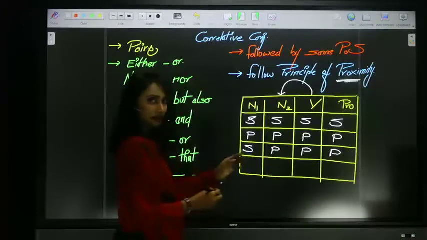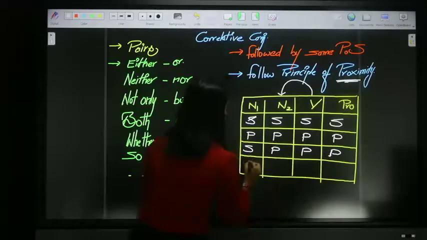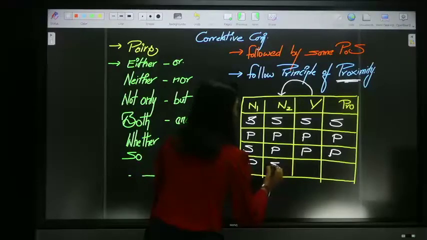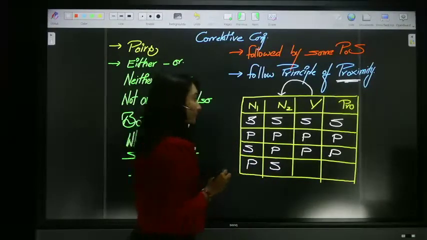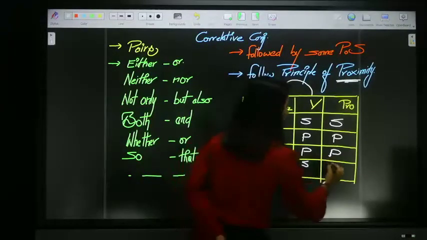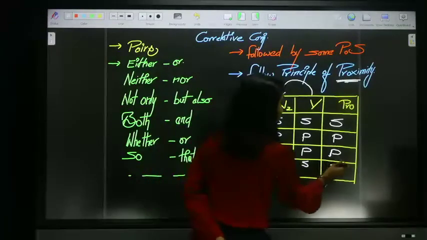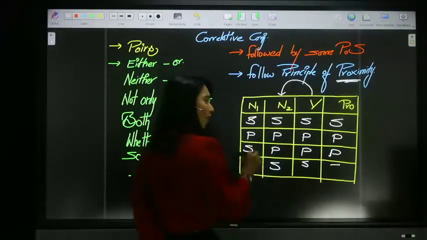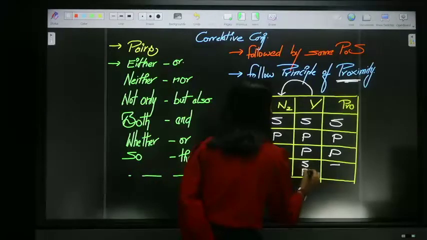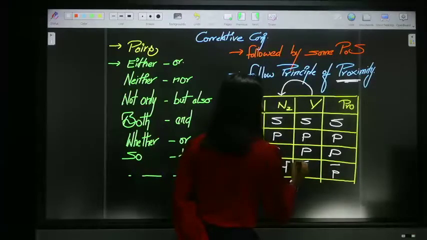That is our third case. But what if the first noun is plural and the second noun is singular? Then verb will be singular only in the absence of pronoun. If pronoun is not there, then only verb will be singular. What if there is a pronoun? Then both the verb and the pronoun will be plural. So this is the exceptional case.